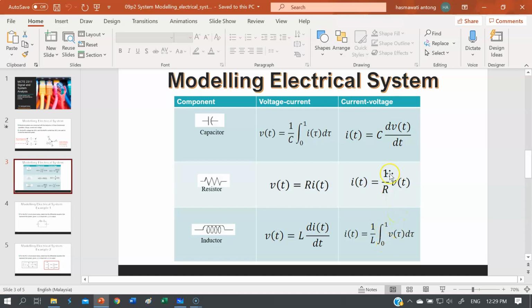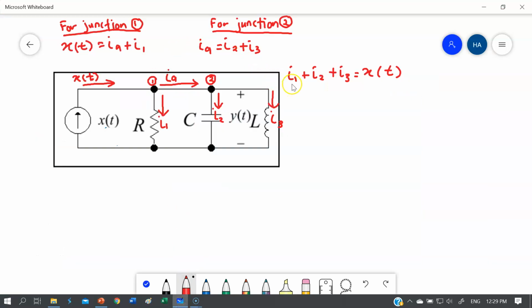If we substitute this into the solution here, I1 is the resistor current, I2 is the capacitor current, I3 is the inductor current, and we are also given this y of t here, which is voltage. So we can find the relationship between the current and the voltage y of t.